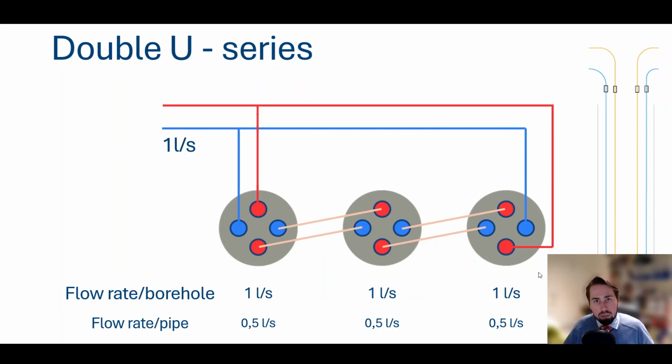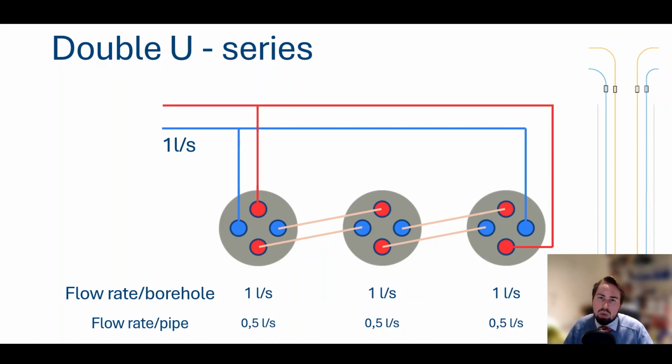But the other combination of U-tubes is fed from the last borehole. So here the third borehole receives the hot fluid, it's then going to the second borehole and then to the first. And the reason why we go in opposite directions is because we want to have on average the same fluid temperature across all boreholes in our field.